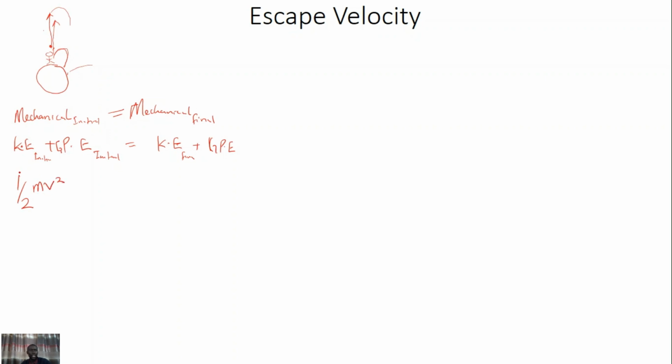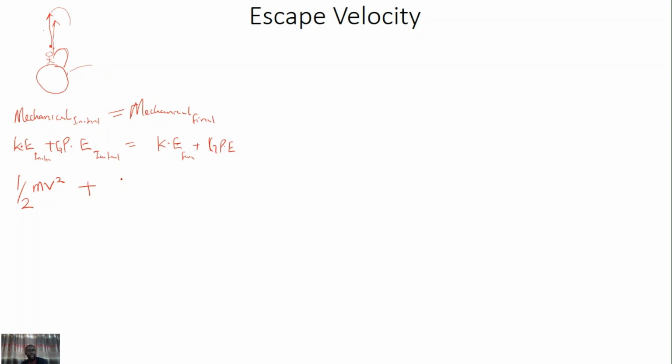So, this is the initial kinetic energy of the body. Okay, and the initial potential energy of the body is the gravitational potential energy of the body.